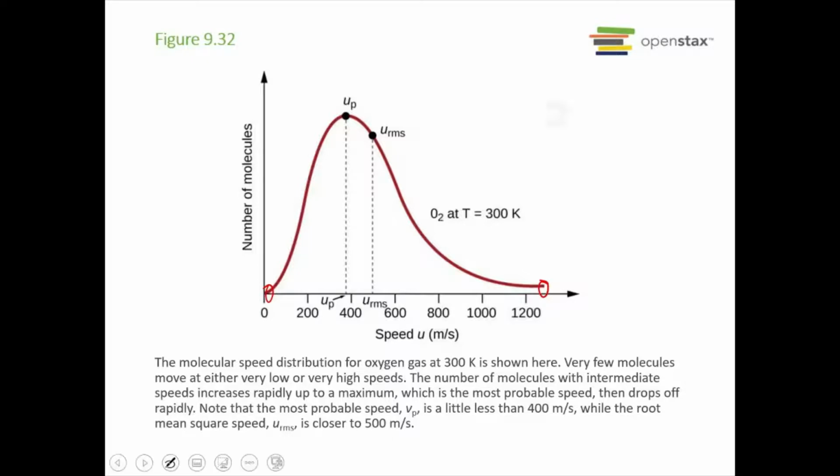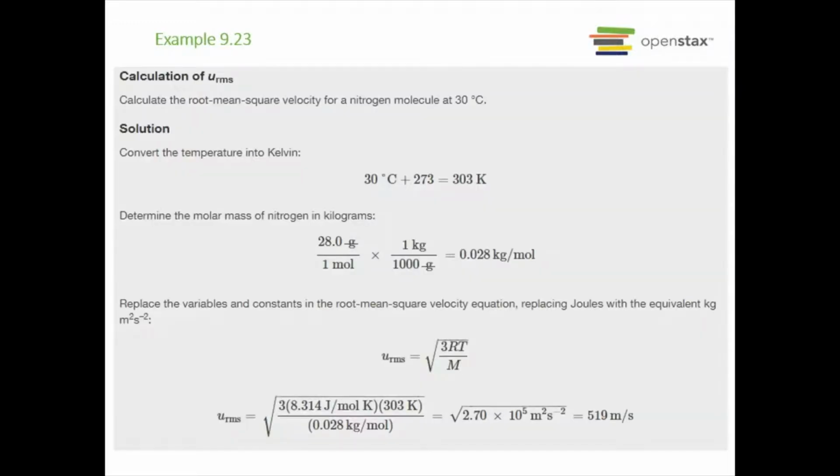But then you have your maximum, which is your most probable speed, which is actually a little less than the root mean square. That's because this distribution isn't perfectly symmetrical. It has this tail-off part, so it has this extra on the side, which is going to shift the overall average, the root mean square, over a little bit.